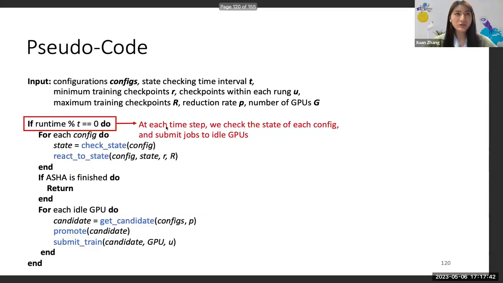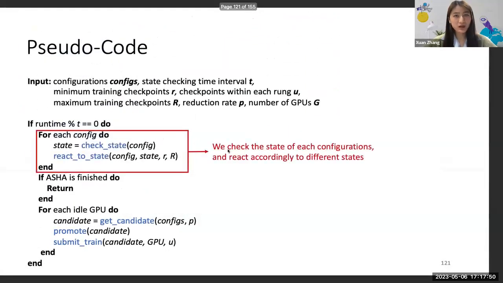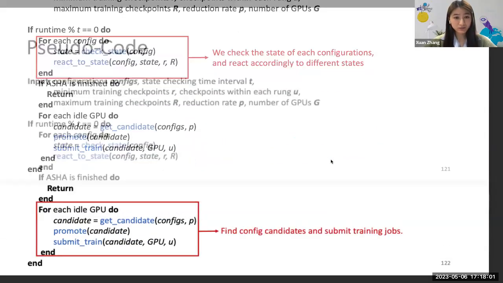In each time step, we check the state of each configuration and submit jobs to idle GPUs. First we check the state of each configuration and take appropriate action based on its current state.